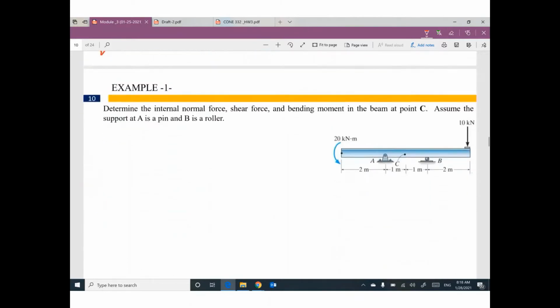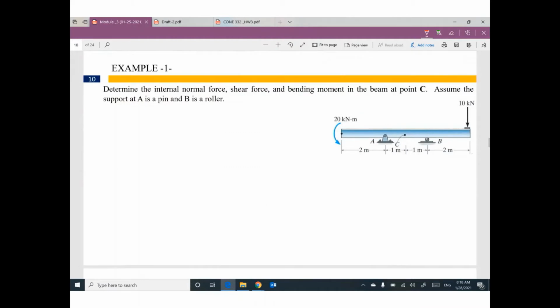Let's do an example. For the shown beam, we are looking to determine the internal normal force. By the way, one more time, normal force or axial force, both of them have the same meaning.